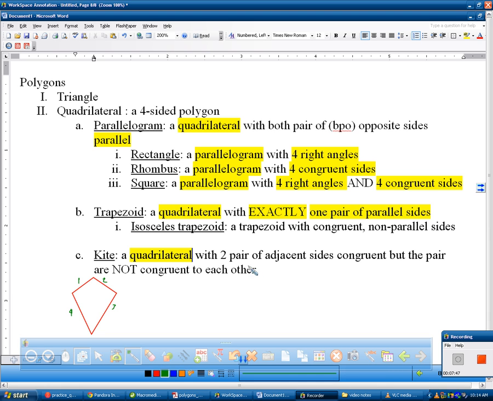So this is what it says. It says two pair of adjacent sides congruent. So 1 and 2 are congruent to each other, but the pair are not congruent to each other. So that means 3 and 4 are congruent to each other, but they can't be congruent to 1 and 2. See how that works? Okay.